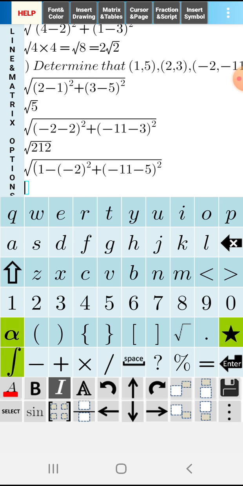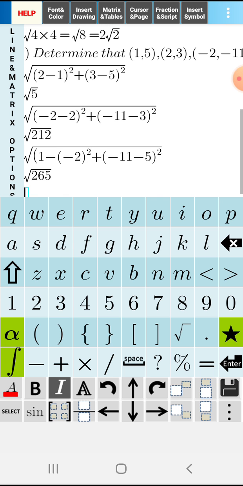Minus into minus is plus, so 3 square is 9, plus 16 square is 256. So the total is root 265.